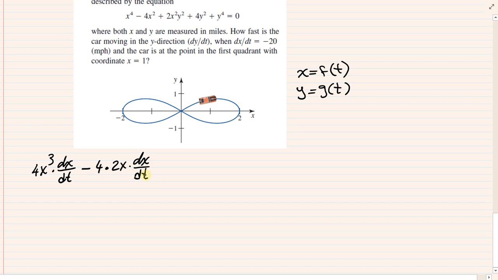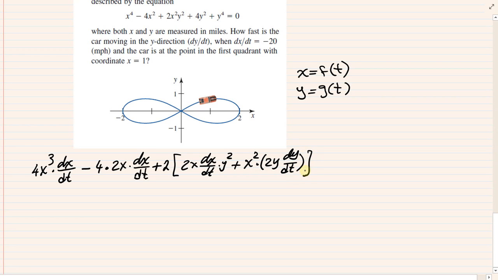Okay, and the next one, we're going to use the product rule. Derivative of x squared is going to be 2x dx dt times y squared plus first times derivative of second, which is 2y, and then you have dy dt.